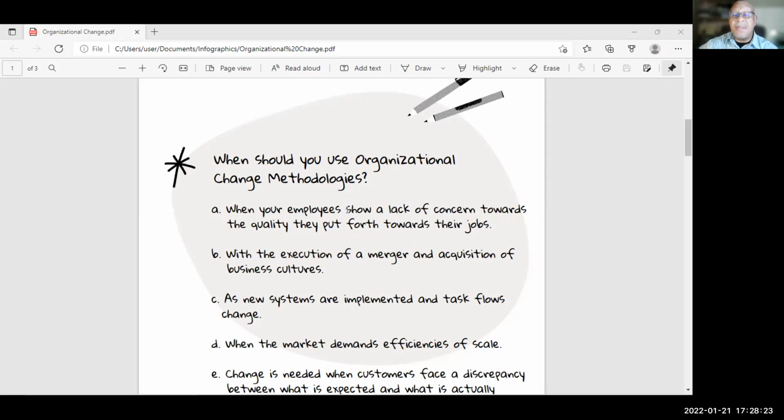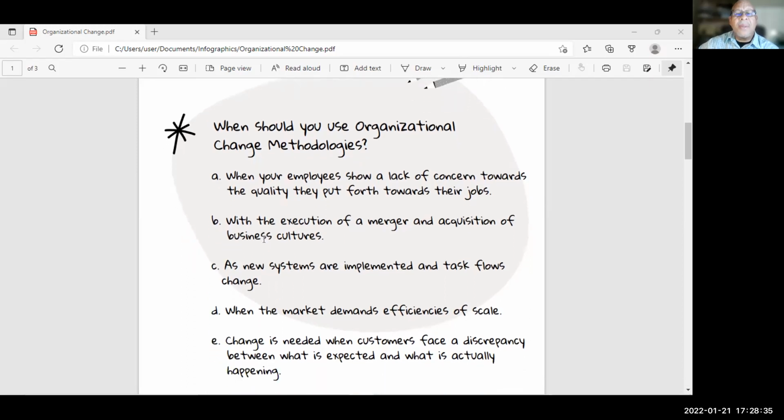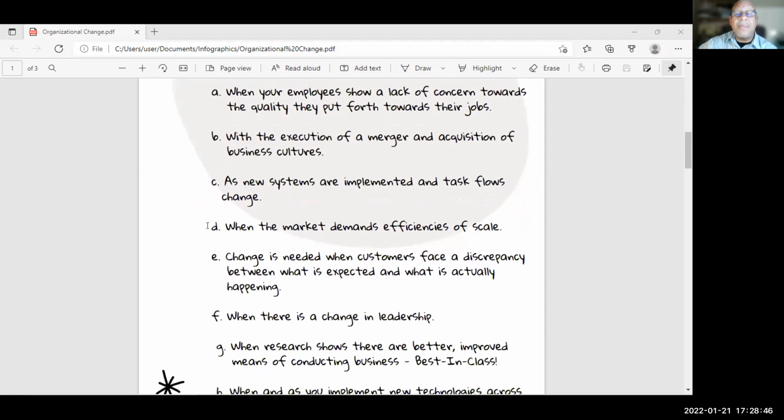As systems are implemented and task flows change, that is certainly someone's responsibility, a workflow that needs to have been addressed and considered. When the market demands efficiencies of scale, because perhaps you're producing twice as many, 3 times as many of the service or product that you did before, people must be made aware of and given the training and skills and support so that they would be successful.